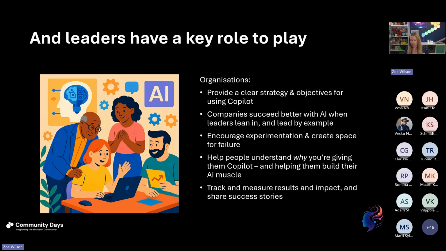Create space within the organization to spotlight the champions, to spotlight the people who are using it in new and innovative ways, and really just creating that positive culture. Because Copilot becomes that kind of front door, that first step into full AI adoption. And it's incredibly important from a leadership perspective to position it in that way.